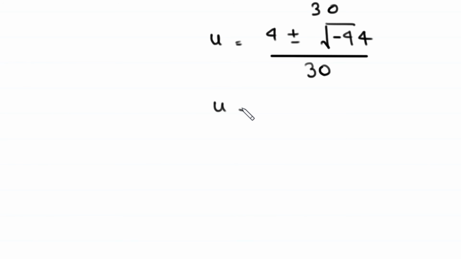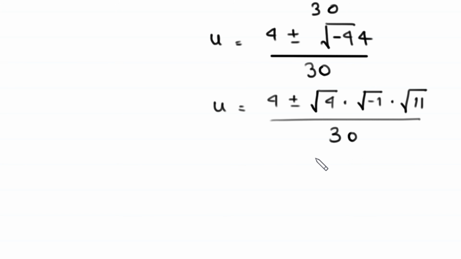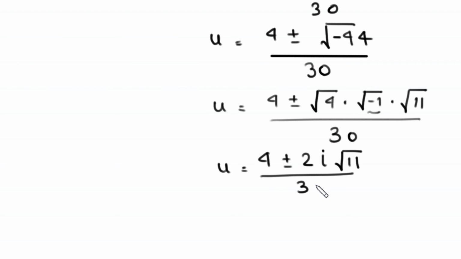Next, u is equal to 4 plus minus root negative 44, which can be written as root 4 times root negative 1 times root 11, divided by 30. And u will be equal to 4 plus minus root 4 will become 2, and root negative 1 is i, times root 11, divided by 30. From the numerator we can factor out 2.